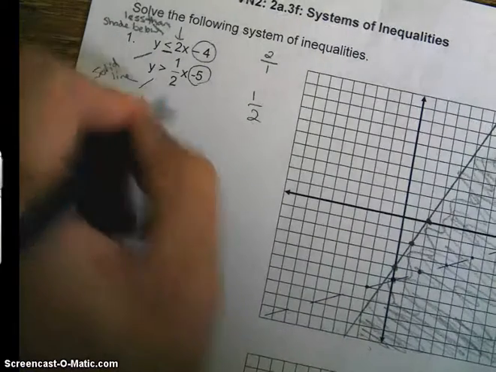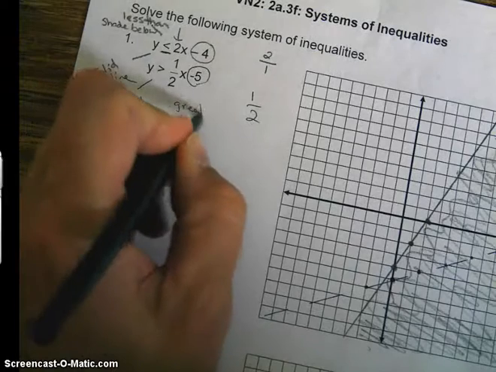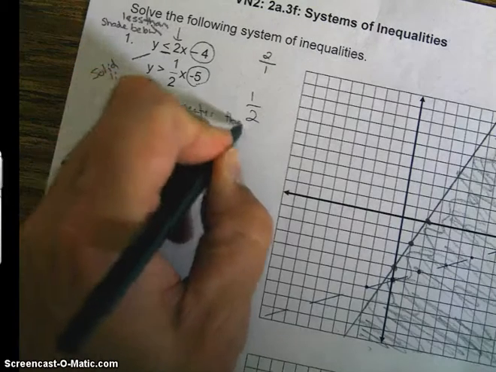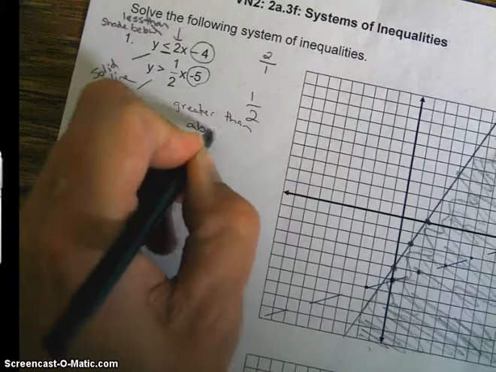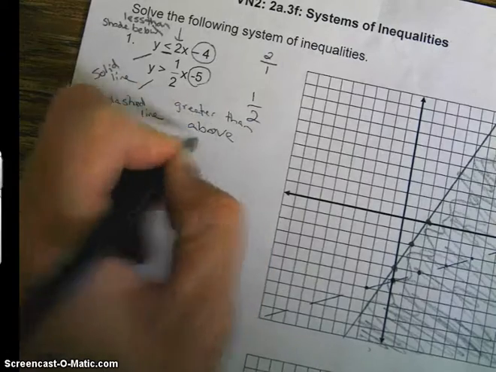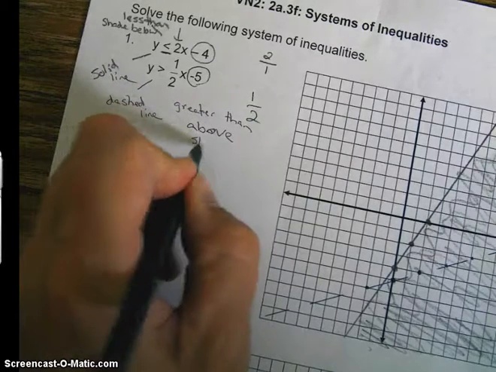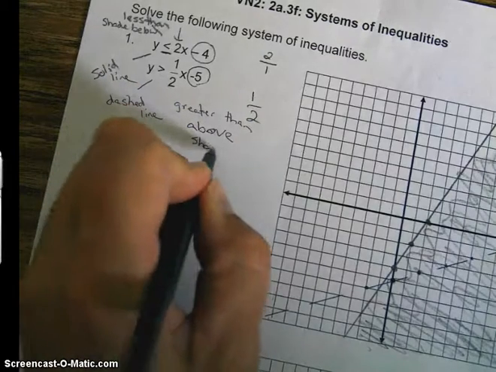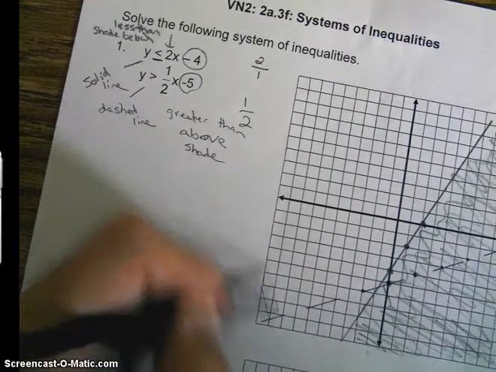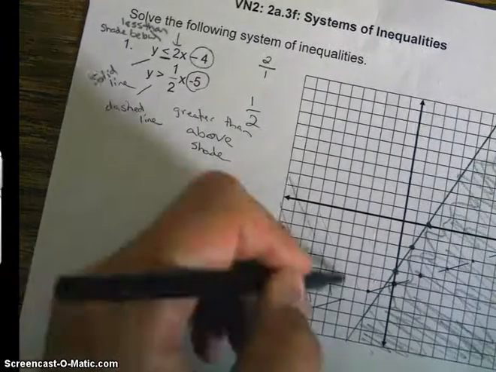The greater than symbol is shading above. Shade above. I should have put the word above. But anyway, we're going to shade above. So this is the shading.